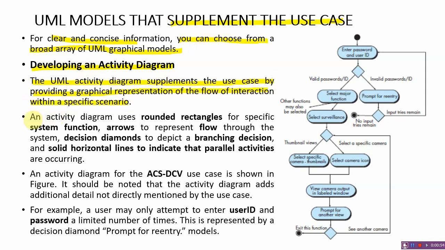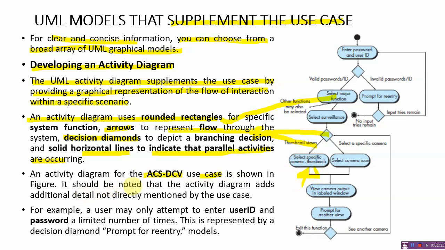a specific scenario. An activity diagram uses rounded rectangles for a specific system function, arrows to represent the flow through the system, decision diamonds to depict a branching decision, and solid horizontal lines to indicate that parallel activities are occurring. An activity diagram for the ACS-DCV use case is shown over here in this particular figure.